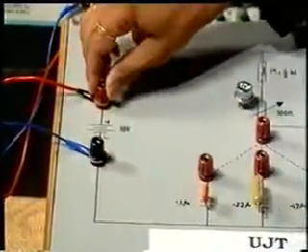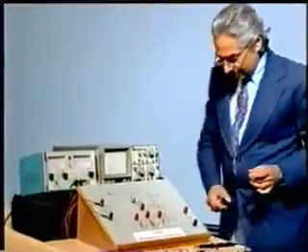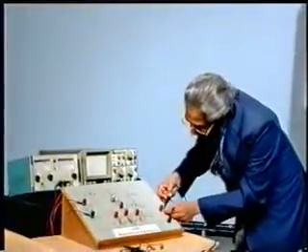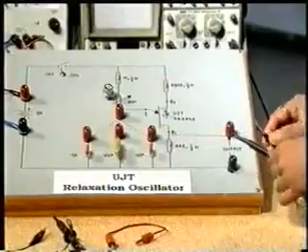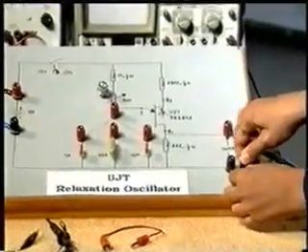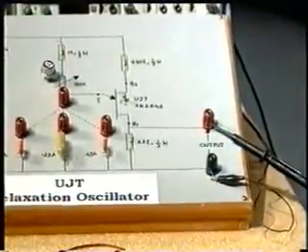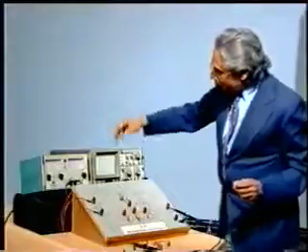This is 10 volt VBB, it has been connected. Let me connect the output over here. Output is connected on the CRO, and now I will switch on.